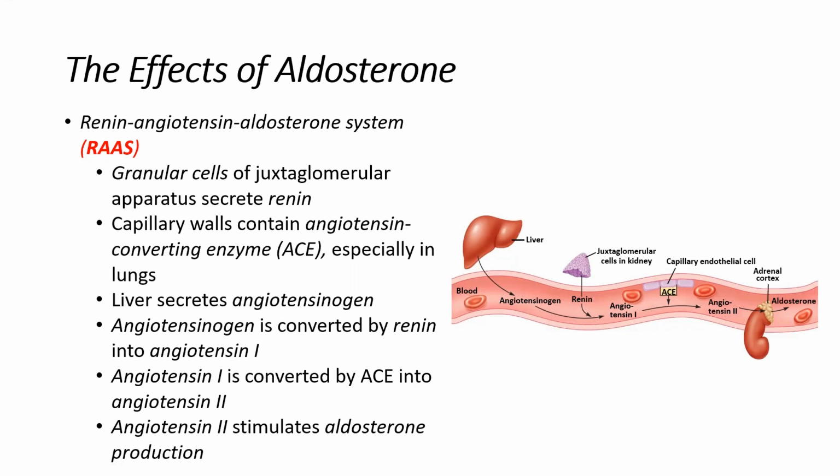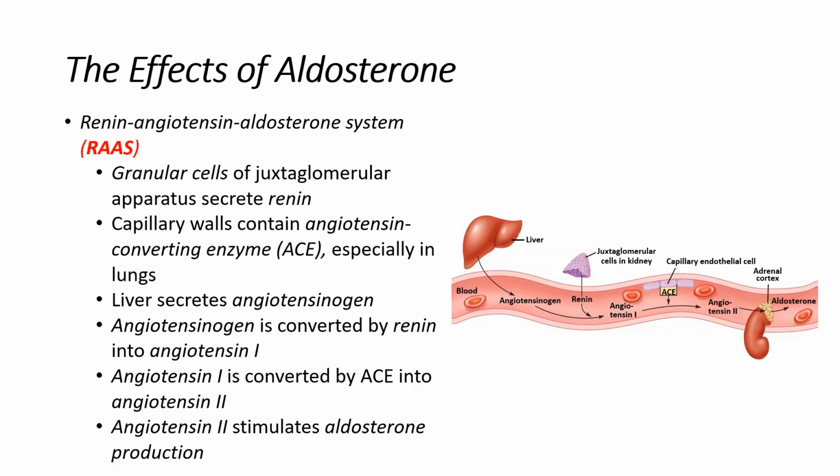So we've got this angiotensin 1 circulating in our plasma. Now, under the influence of another enzyme, ACE, angiotensin converting enzyme, which is secreted from the capillary endothelial cells, that angiotensin 1 is converted to angiotensin 2. Then angiotensin 2 is going to directly stimulate the adrenal cortex to secrete aldosterone.